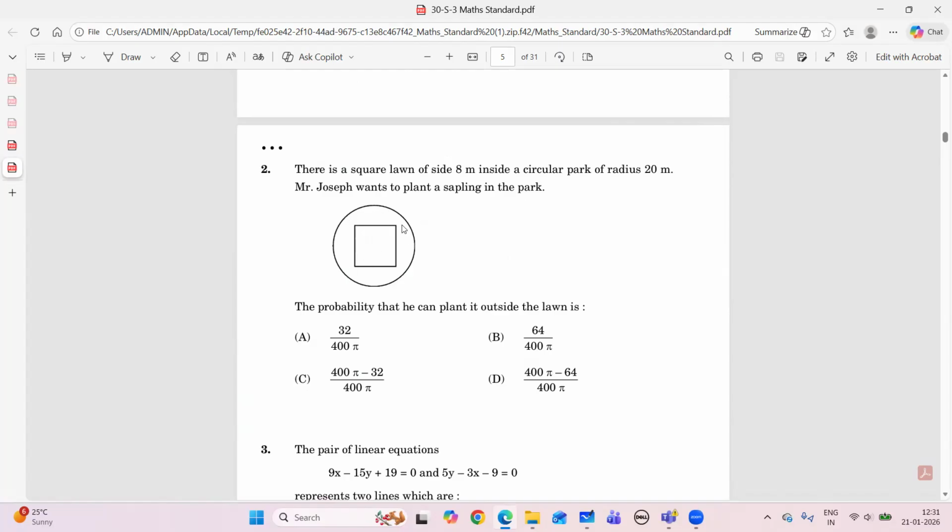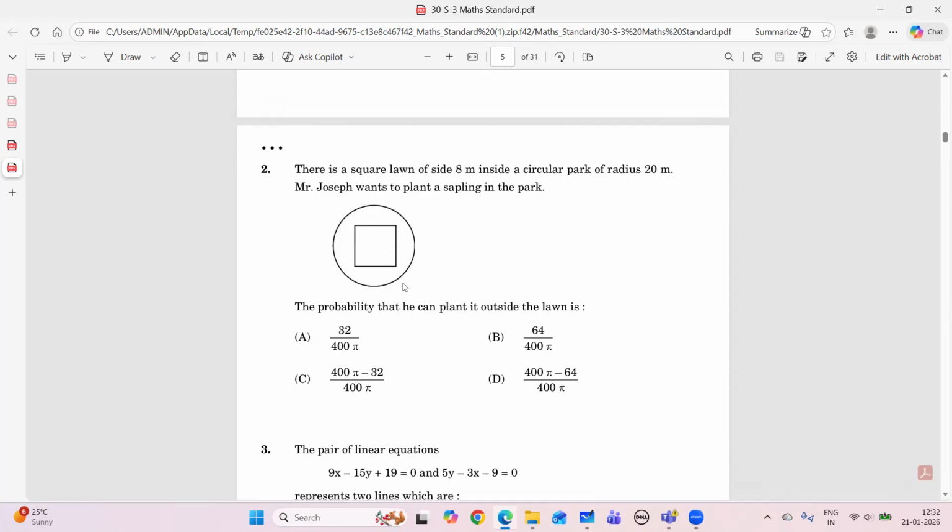So we can find the area of this circle, that is pi r square, where r is 20 meters, and then we can also find the area of the lawn, which is the area of this square, that is s square. S is 8, so s square will be 8 square, that is 64 meters square. And then we have to divide the area of the square by the area of the circle, that is 8 square meters square divided by pi r square, that is pi into 20 square meters square.